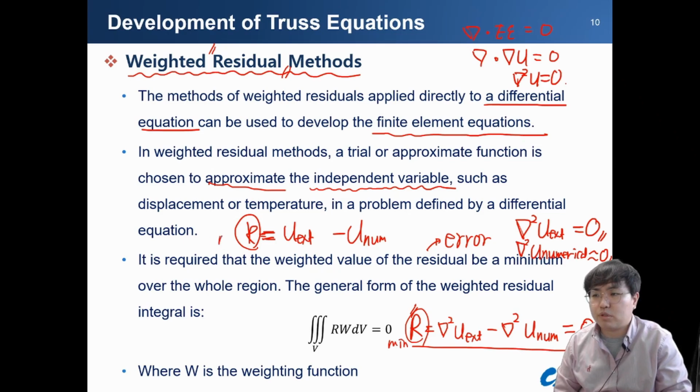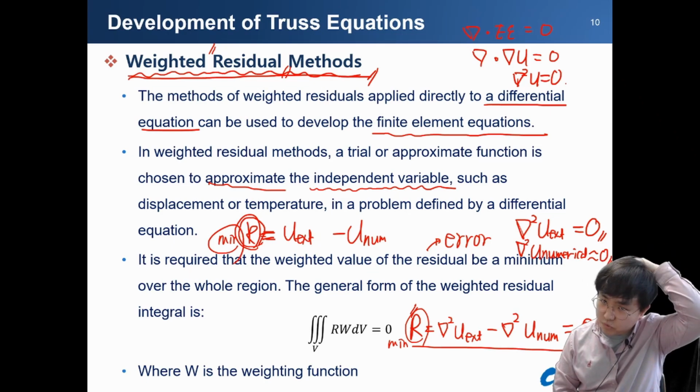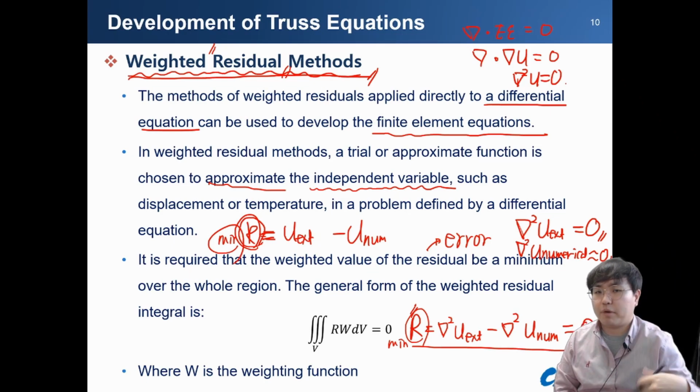So our purpose is to reduce this error, so today we are going to show how to define the error or how to reduce this error. Depending on your system, we are going to use different types of residual. We are going to define some residual.